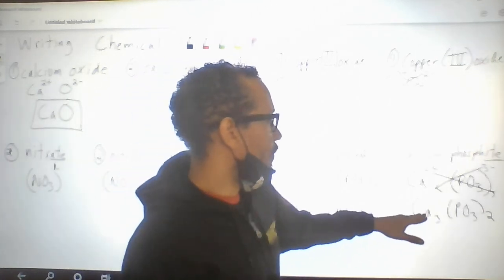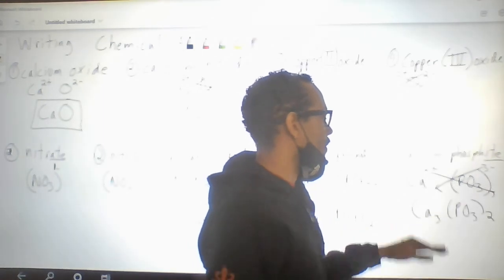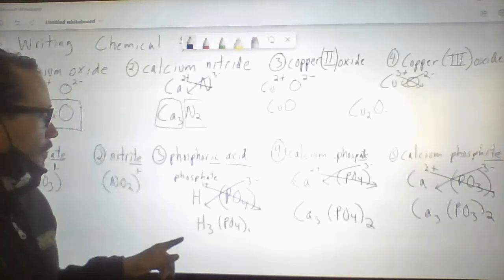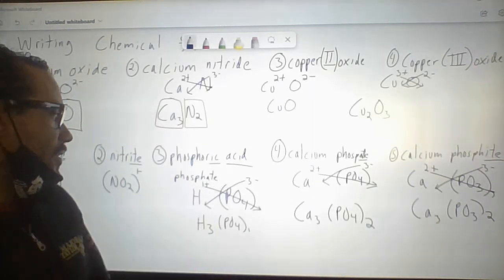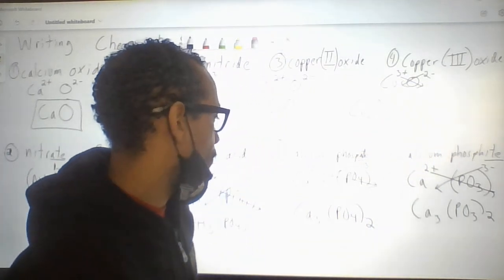And then that would be how we write the chemical formula for polyatomic and regular metal. So this would be your polyatomic. This is how we'll do the acid. And this is if we have a metal bonded to a polyatomic.